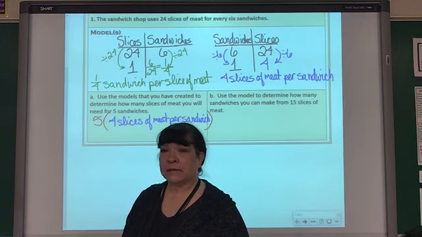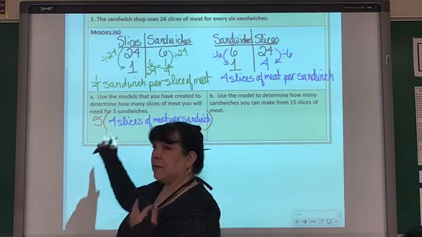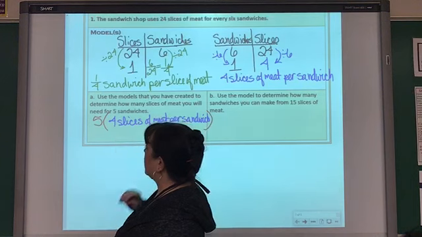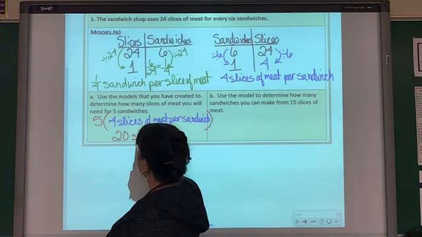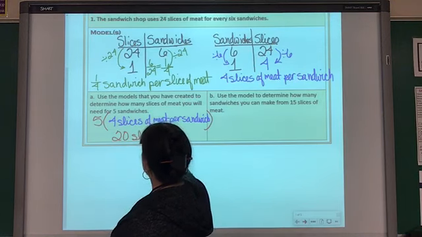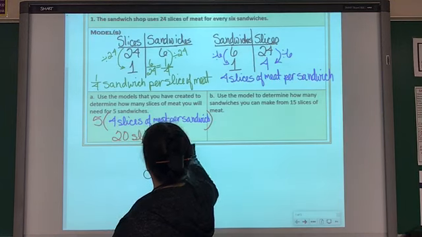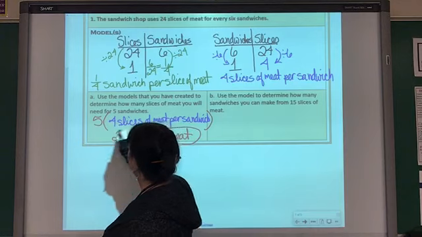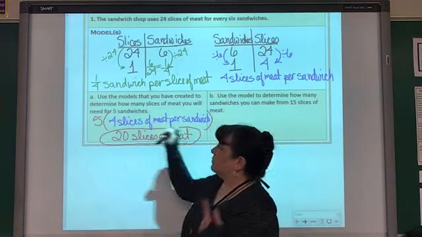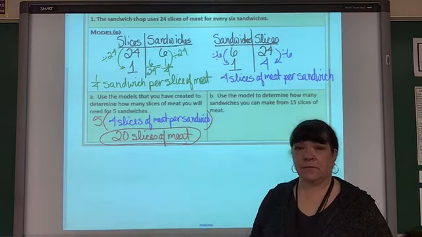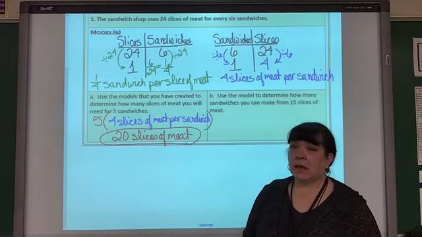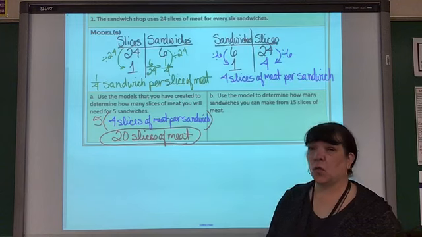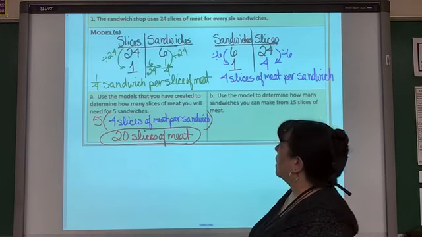When I multiply this all by 5, as in 5 sandwiches, what I end up getting is 20 slices of meat. That will give me 5 sandwiches, and 5 times 4, of course, is the 20 slices of meat. When you have a unit rate, it makes things quite simple to do.